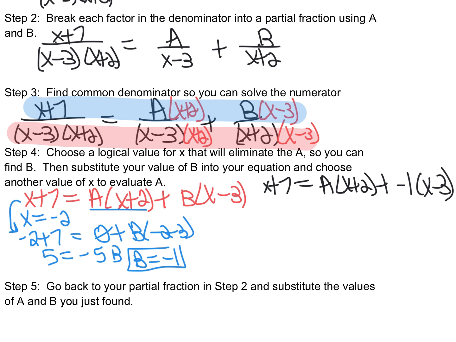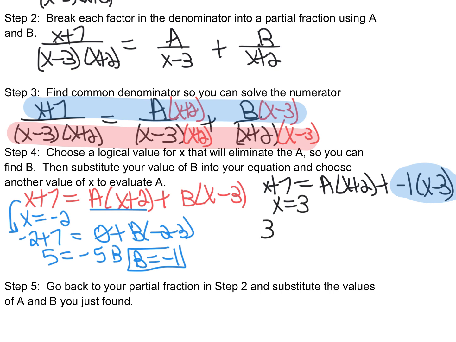Okay, so now we need to pick another value of x that would make sense here. So thinking logically, if I look over here, if I pick that x equals 3, that's going to give me 0 there. So I'm going to pick that x equals 3.